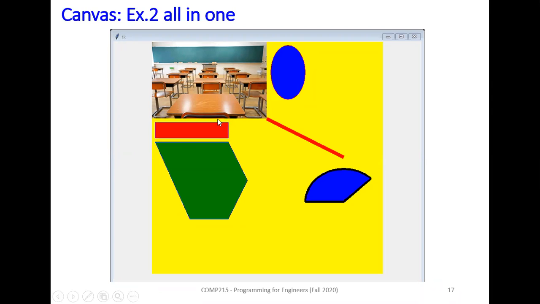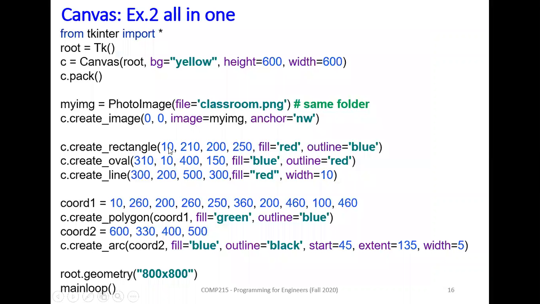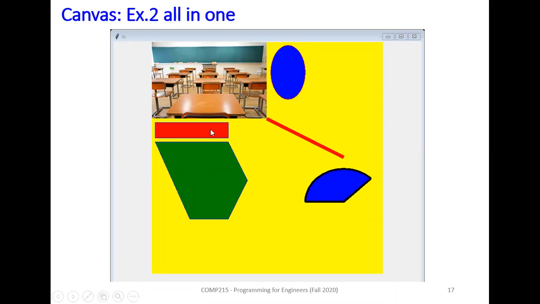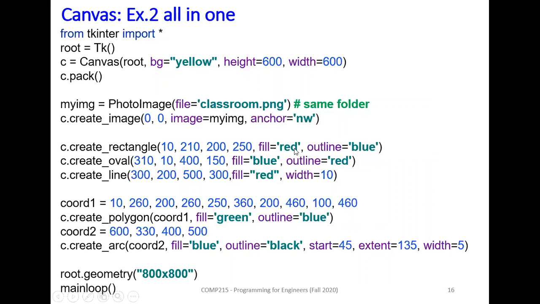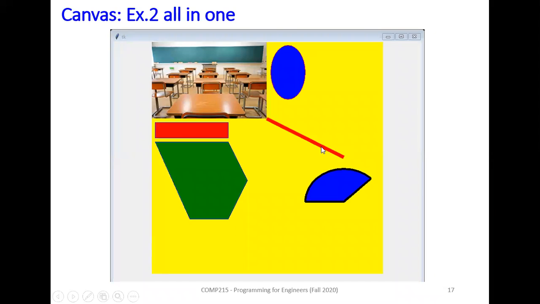So the height of the rectangle here is 40. So we have 10, 210 and 200, 250, and we draw the rectangle, okay? Fill it red and outline blue. As you can see, there is a thin blue outline, and the fill is red, okay?